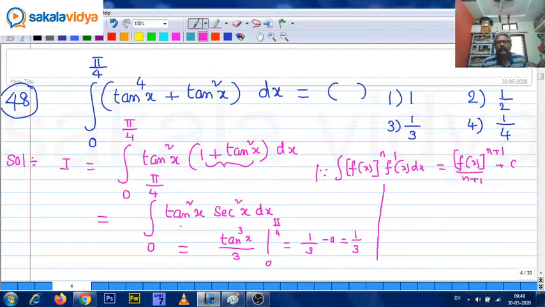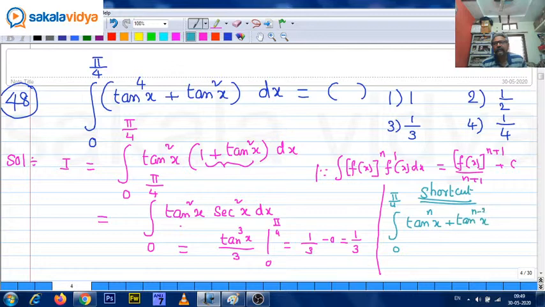So now we have the shortcut. What is the shortcut? Integral 0 to pi by 4 tan x to the power of n plus tan x to the power of n minus 2 dx is equal to 1 by n minus 1.